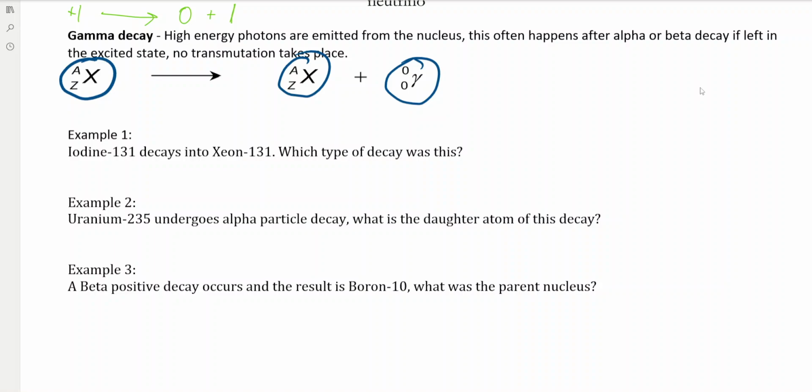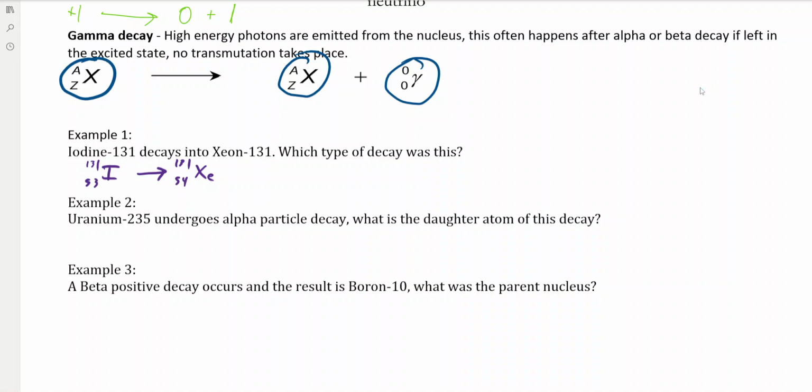Alright, so iodine-131, that's the mass number, decays into xenon-131. Now, what we need to do is check the proton number. So iodine, if you look in your formula sheet, is 53. Xenon is 54. So what that means is that one of our neutrons has turned into a proton because our total mass number hasn't changed, but the proton count has gone up by 1.